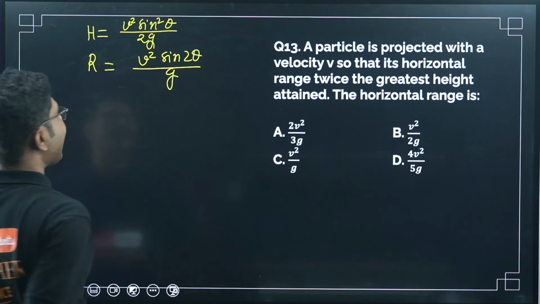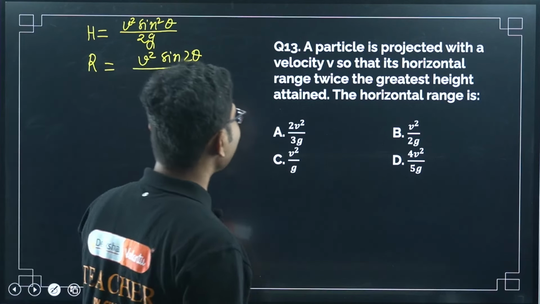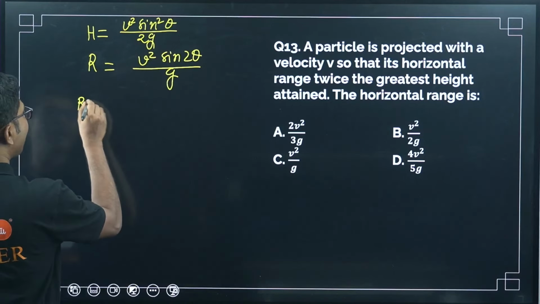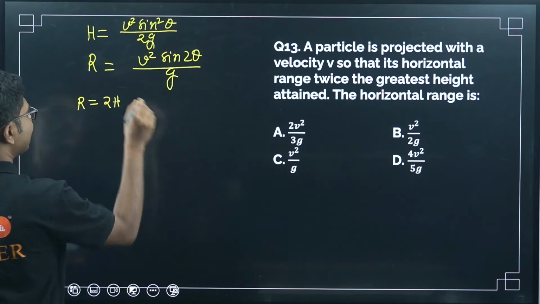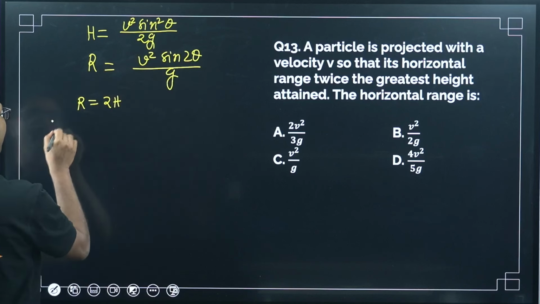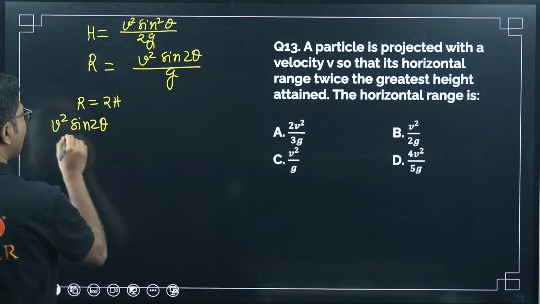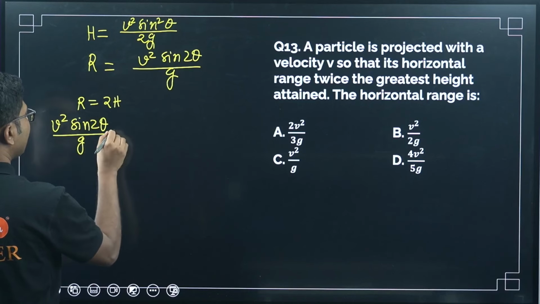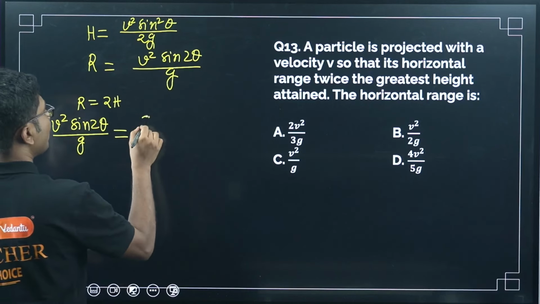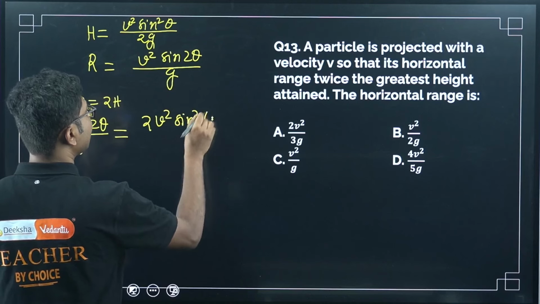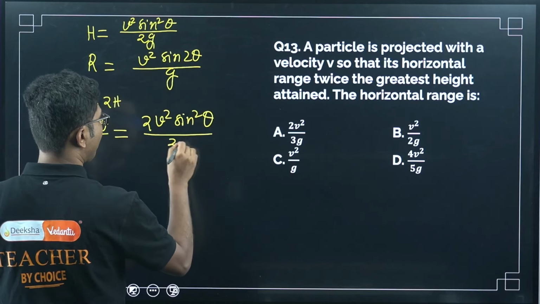Now it is said that the horizontal range is twice the greatest height. So let's put these values. V square sine 2 theta by g equals 2 v square sine square theta by 2g.